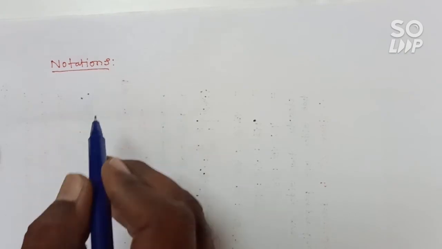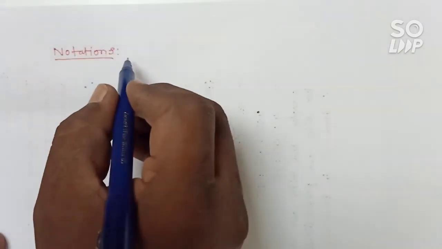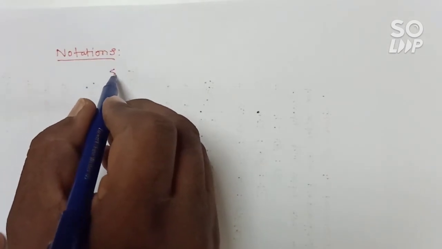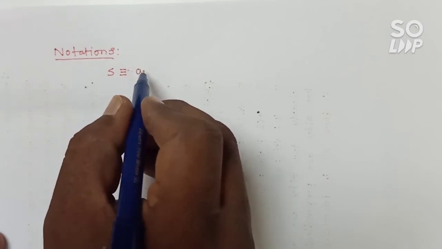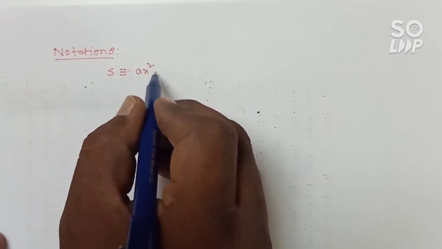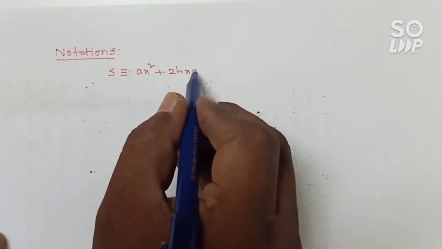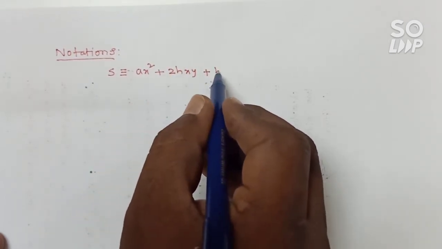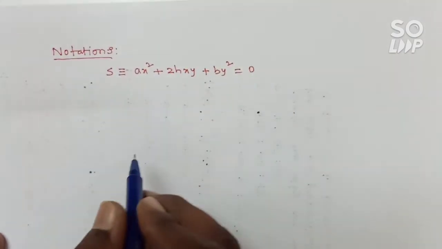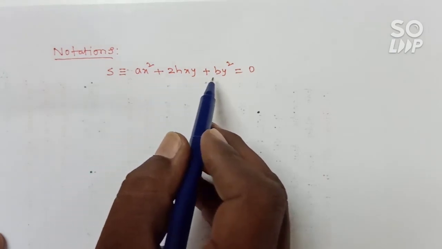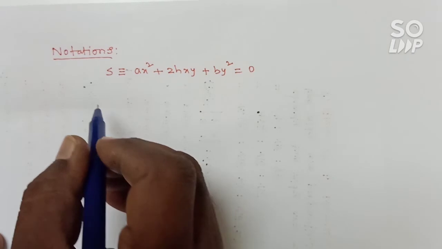Now suppose the second degree equation a x square plus 2h into x y plus b y square is equal to 0 is represented by S. So this one is denoted by S, that means S is equal to 0 is that equation.